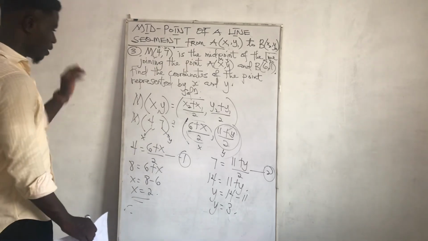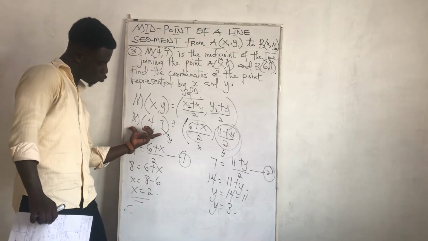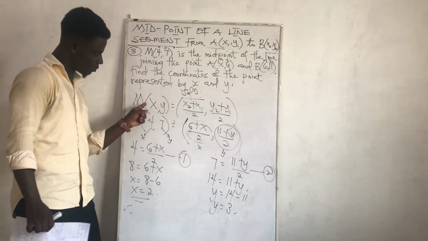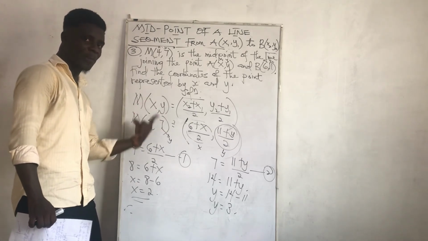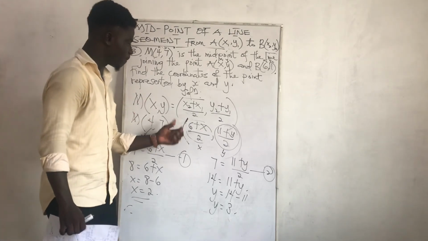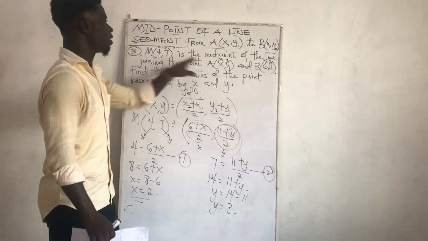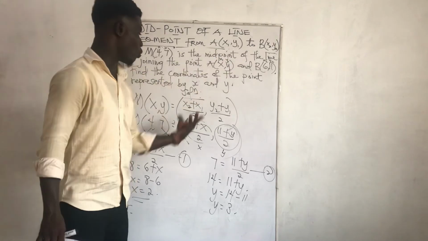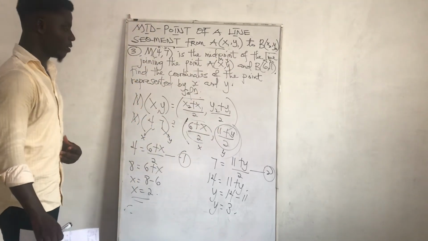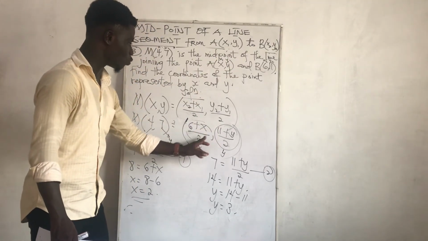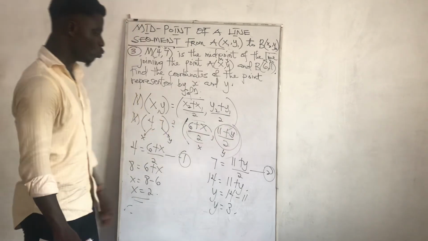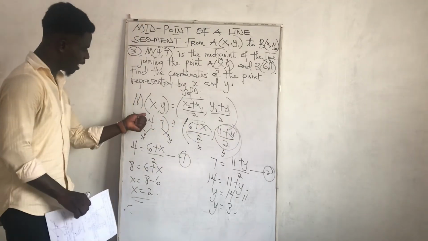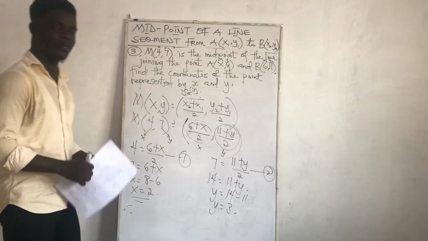Very, very simple. Again, if you reach here, you know your M, which is (4, 7). Your midpoint, they're giving you the midpoint (4, 7). Then here, x2 plus x1. Just take your values, the x coordinates, then the y coordinates, then substitute them here. So I have (6 + x)/2 and (11 + y)/2. Now here, mind you, here is x, here is y.